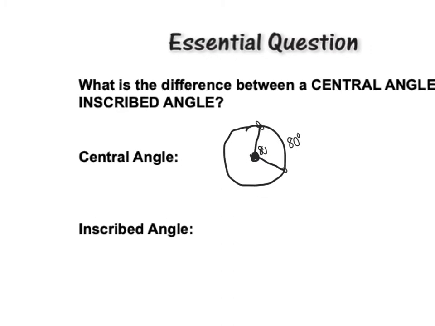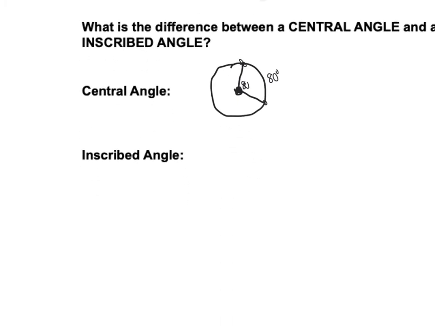Okay, now we're going to shift our brains just a little bit, and we are going to talk about an inscribed angle. Again, we are going to have a circle, and here's the center of our circle. However, an inscribed angle does not have the vertex at the center of the circle.